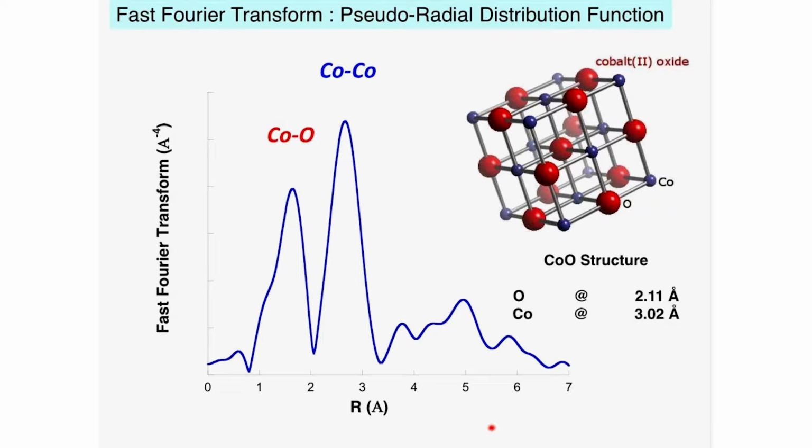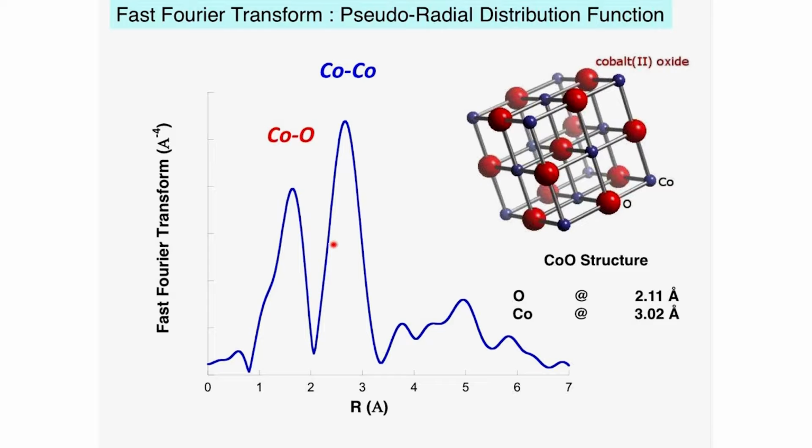And as you can see here, we have also signal at longer distances, but you see that this signal is very small in intensity. This is due to the fact that the EXAFS technique is a local order technique only sensitive to neighbors located up to, let's say, 5 to 6 angstrom far from the absorbing atom.